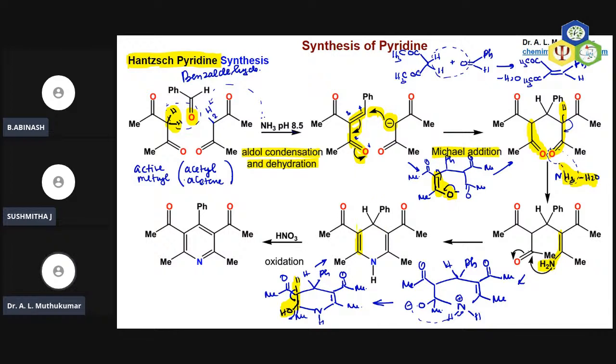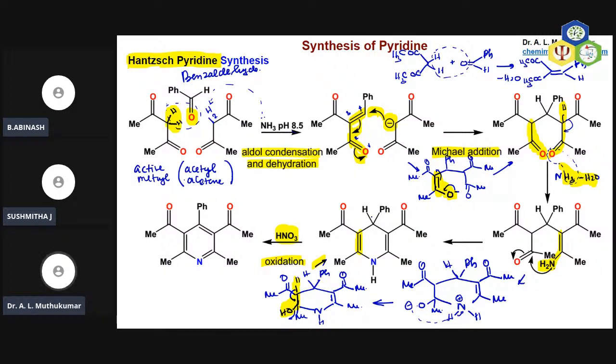Now, if you treat this compound with nitric acid, nitric acid is an oxidizing agent. Oxidation means removal of electron is called oxidation. Otherwise, removal of hydrogen is called oxidation. Addition of oxygen is also called oxidation. So in this case, the compound has to get aromatization.